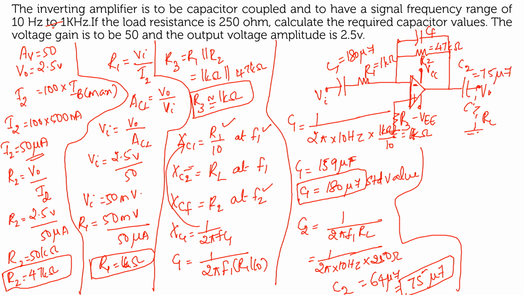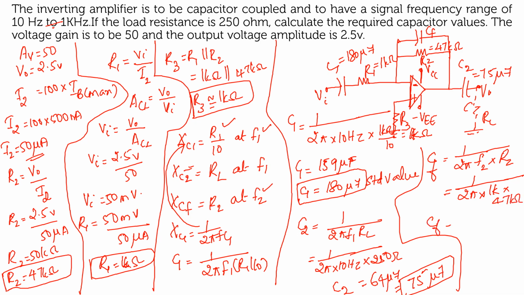The last value which you have to find out is CF. CF is equal to 1 by 2 pi F2, the upper cutoff frequency, into your R2. So which is equal to 1 by 2 pi. What is your F2 given in your problem? 1 kilohertz, right? 1K into R2, which you have found out as 47 kilo.